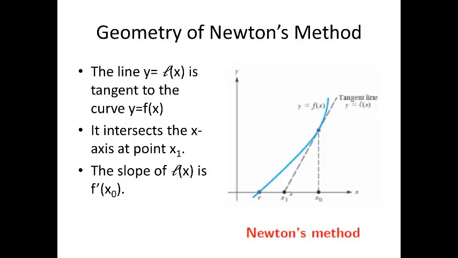And the slope of L of x is f prime of x0, which is where we took that derivative right there. That gives us the slope of the tangent line on that curve, which is a classic definition of a derivative, but here is the geometry. So you can see x1 is going to fall close to the root, and we can do this again and again to get closer to the root.